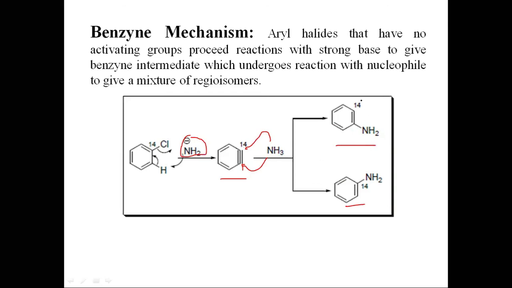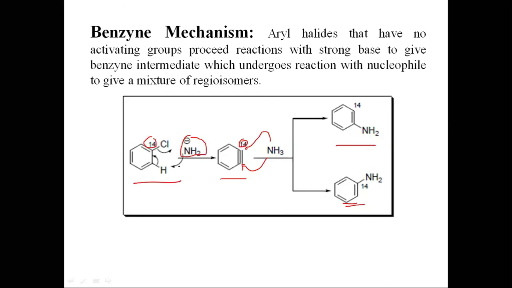In this case, the C14 product formation is different, because you have started with the isotopically labeled carbon, the carbon which is attached to the Cl. Suppose you are not using the isotopically labeled carbon, in such cases, whatever you get is aniline only. The position doesn't matter. You will get the aniline.